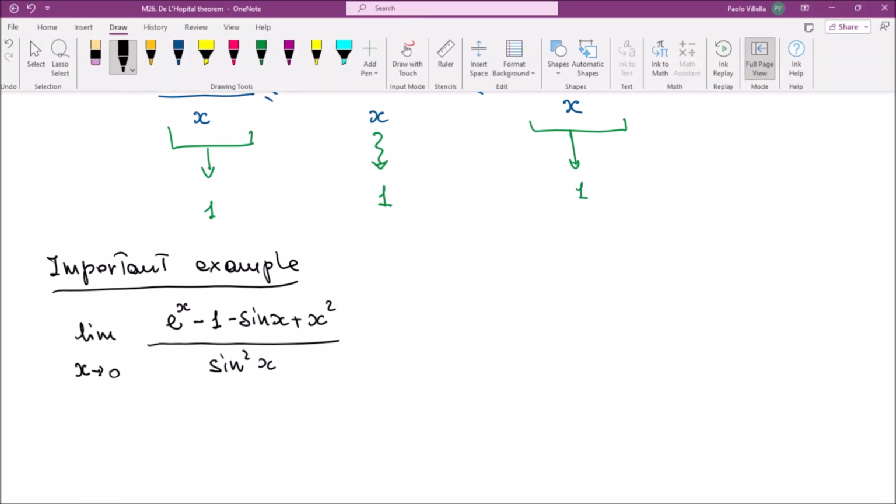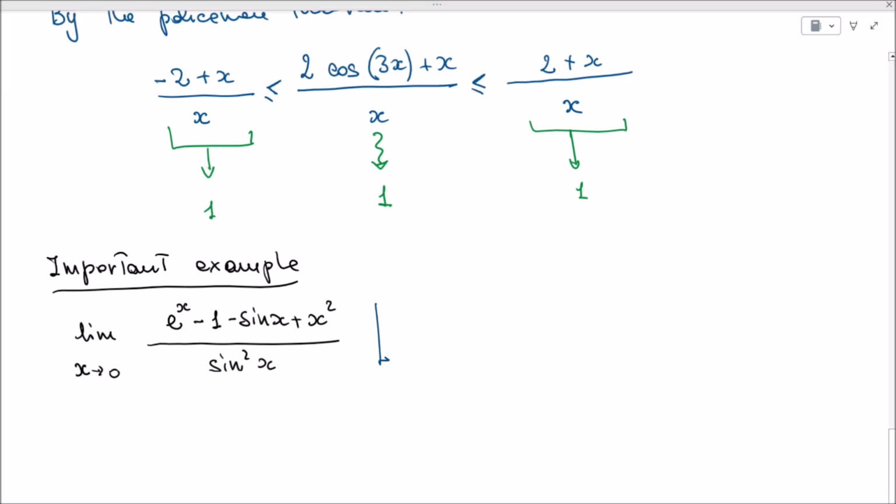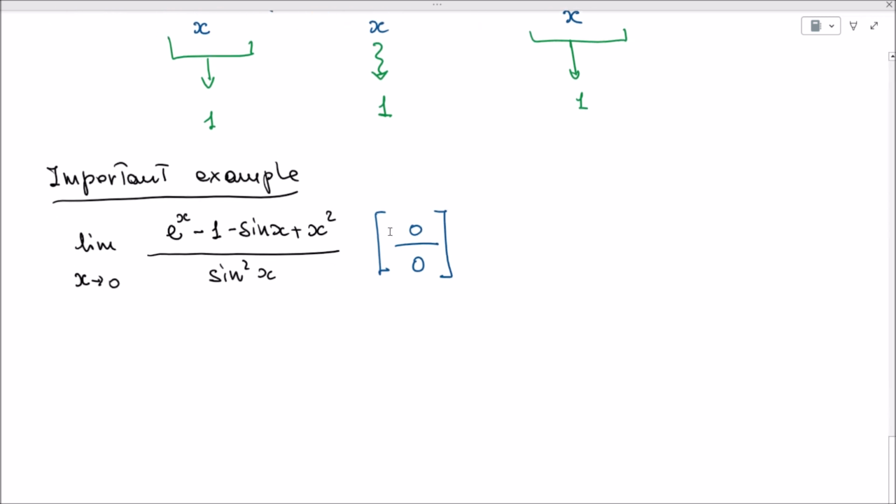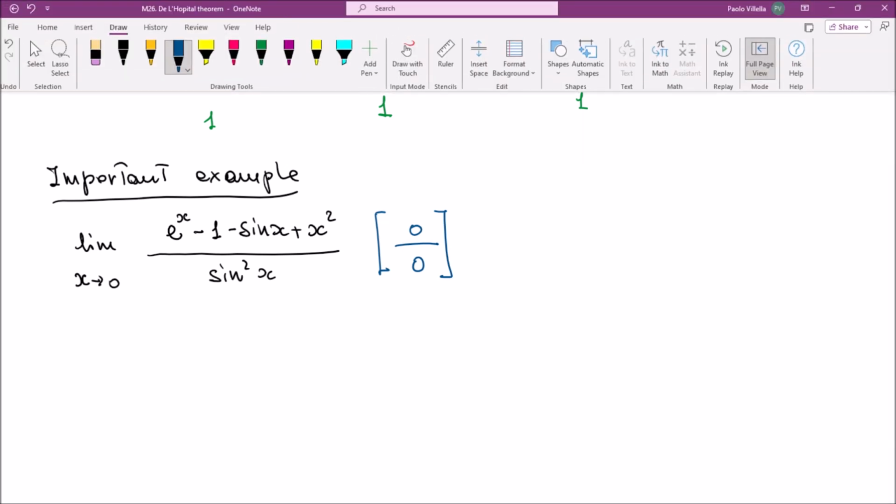Let's immediately check that this is an undeterminate form. Well, as x goes to 0, the denominator goes to 0, and also the numerator, because we have e to the 0 minus 1 is 0, sine of x is 0, so yes, this is clearly 0 over 0. Okay? Now, let's try to solve this.